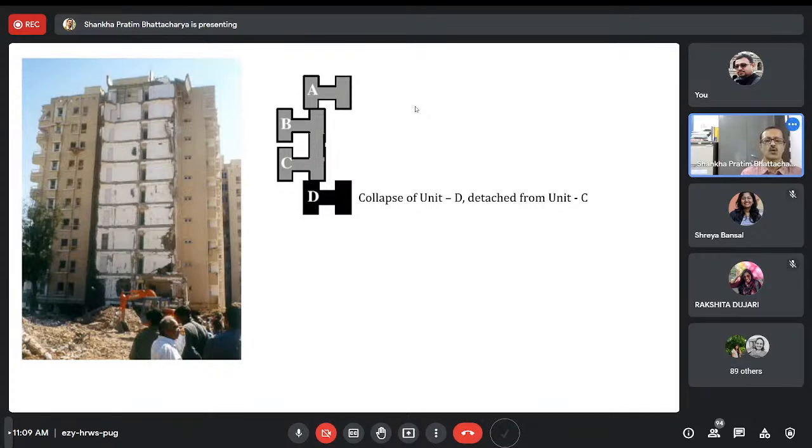Block D was totally detached and damaged or collapsed because of the asymmetry, and there is a very small link between D and C, and the integrity of C cannot actually help D. You may say, sir, A and B also have the same link, so why has A not fallen? There may be a different cause, but at least we should see the failure of D because of the lack of bonding between C and the irregular shape.